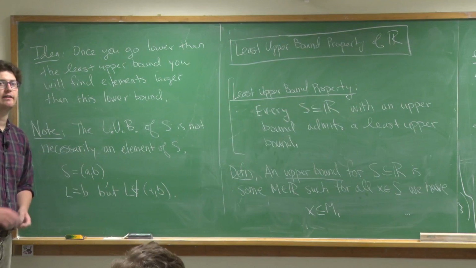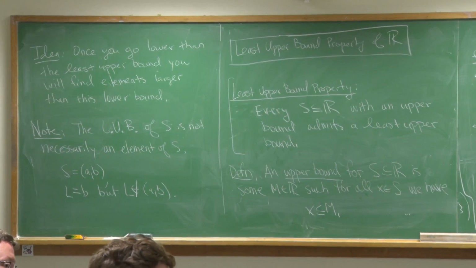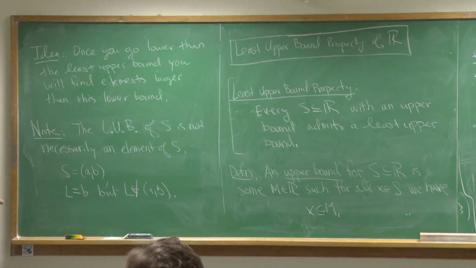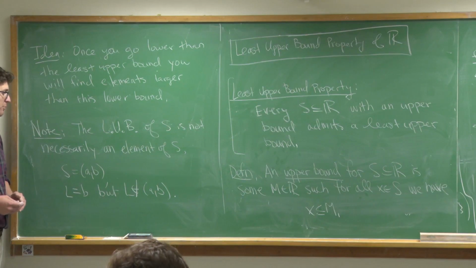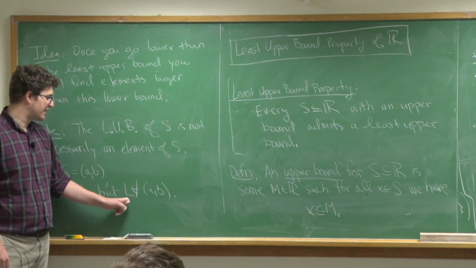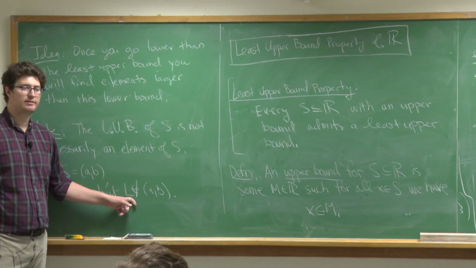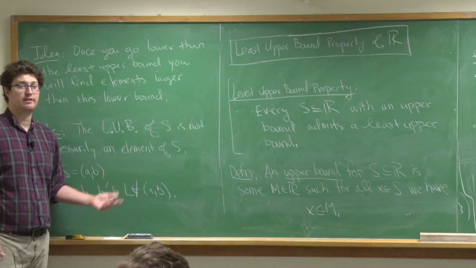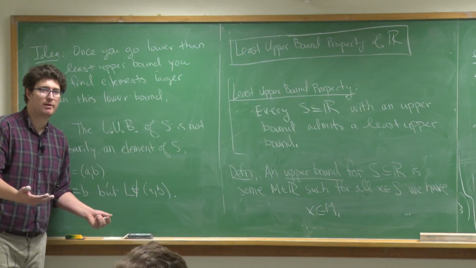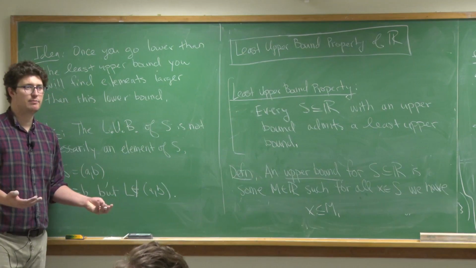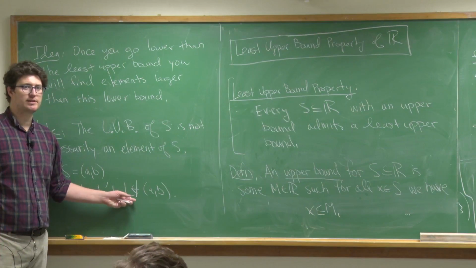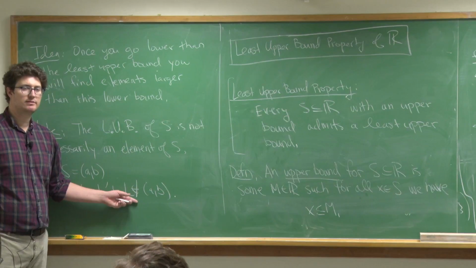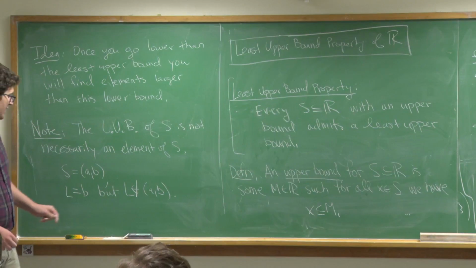You can't reach b, but if you take a small piece off of b, you'll find something between a and b. If I take a small piece off of this least upper bound, then you're going to find something in there that violates it. Otherwise, that would be the new upper bound, and that would make it so that this one's not the least one. So that's why it has to be the least one.